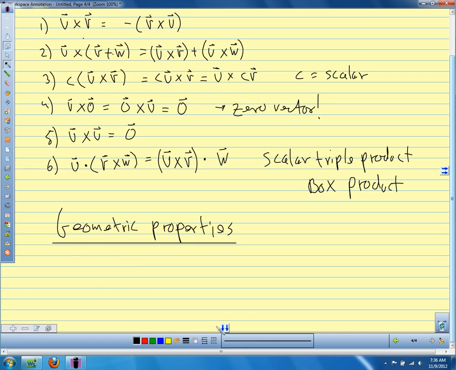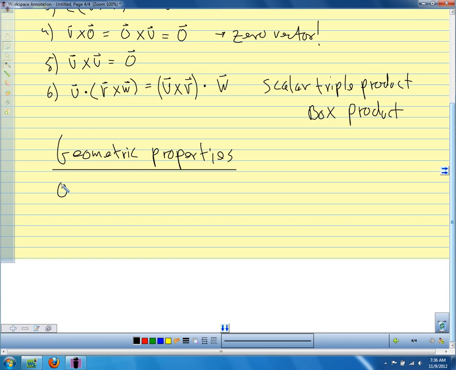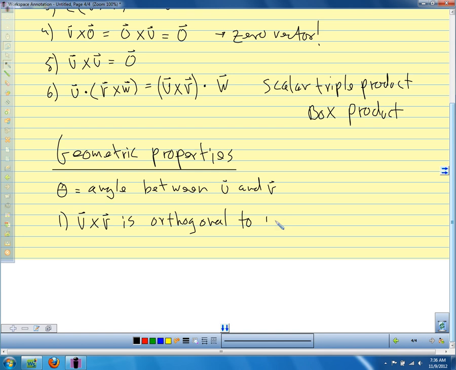If theta is the angle between the vectors, then, as we already said, first, U cross V is orthogonal to U and V. Second, the magnitude of U cross V is the magnitude of U times the magnitude of V times the sine of the angle between them.